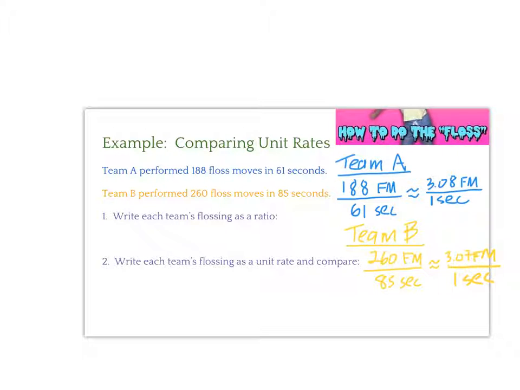Per second, Team A had slightly more floss moves at 3.08 than Team B at 3.07. So we see that the winner is actually not that team. The winner is Team A.